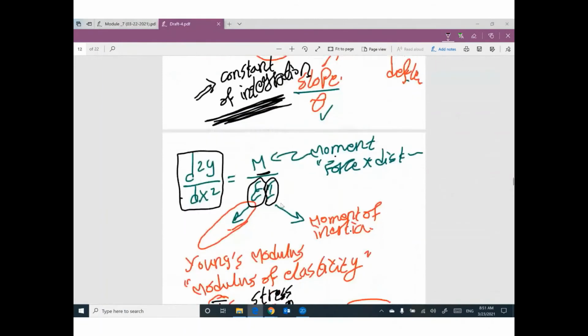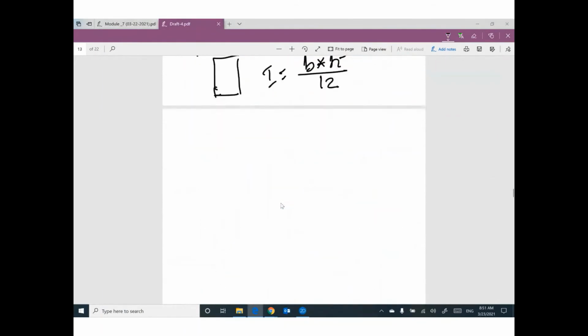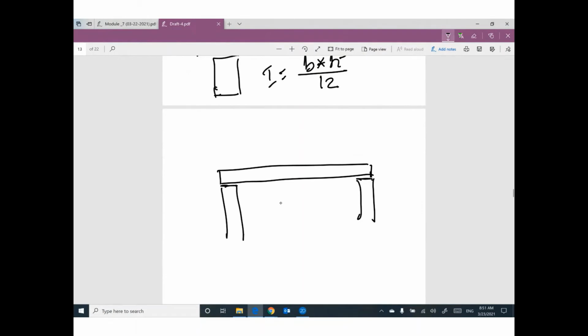Do you remember the piece of wood which is supported on this chair and this chair? If you apply a load, the new deformation of the beam or the piece of wood looks like this.